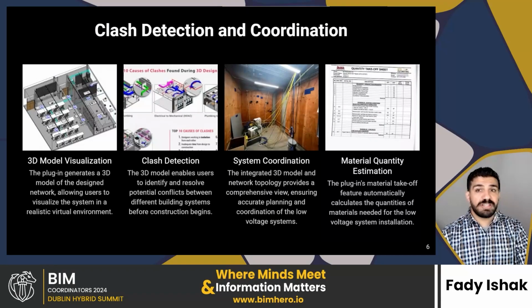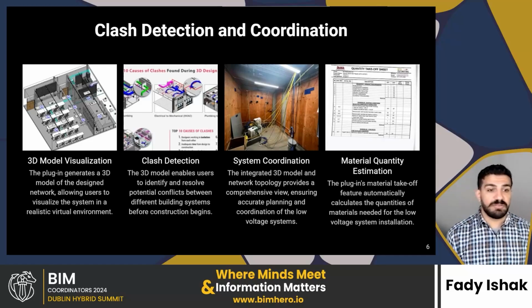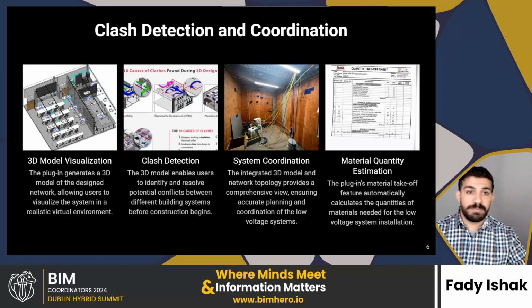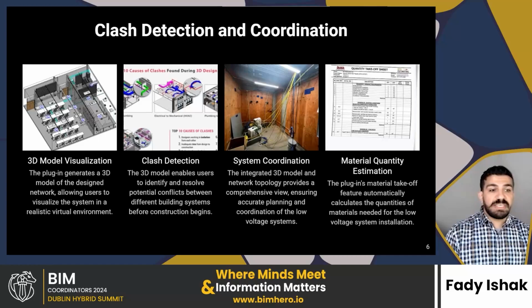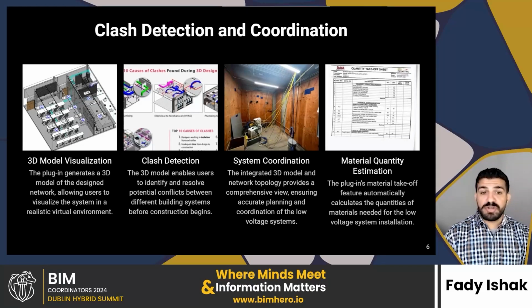That allows for clash detection and coordination utilizing the 3D model that we see in the first picture. And then we can complete this 3D model with clash detection coordination with other trades as well as itself.